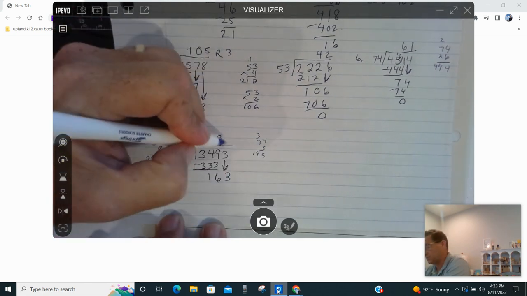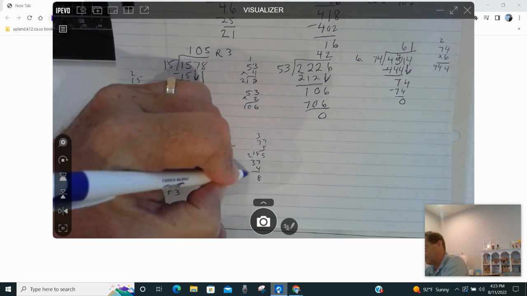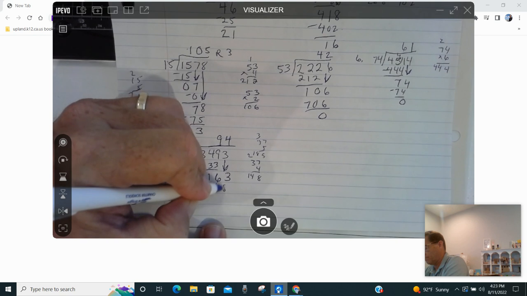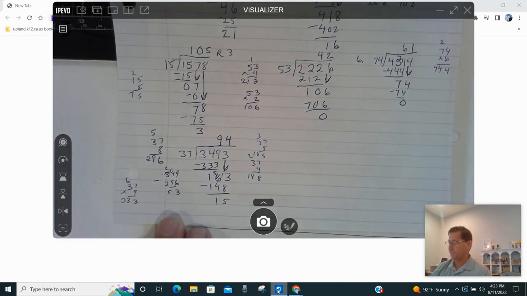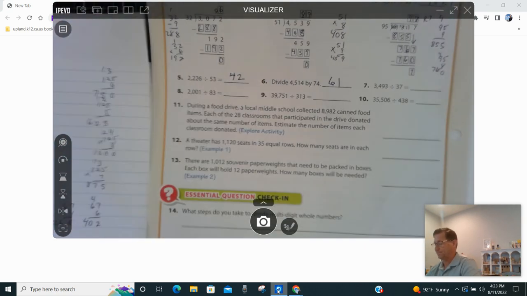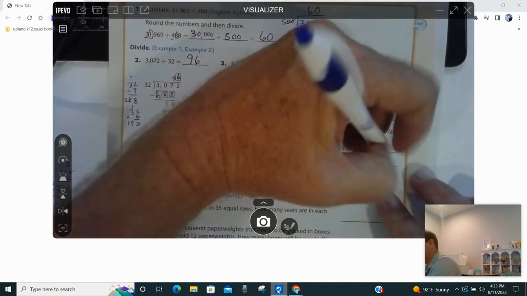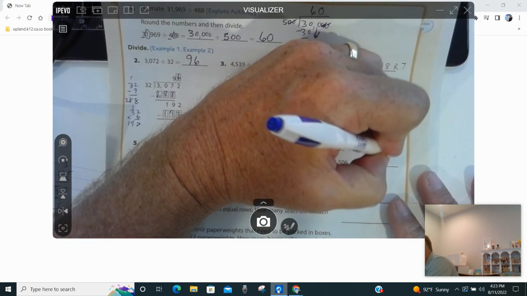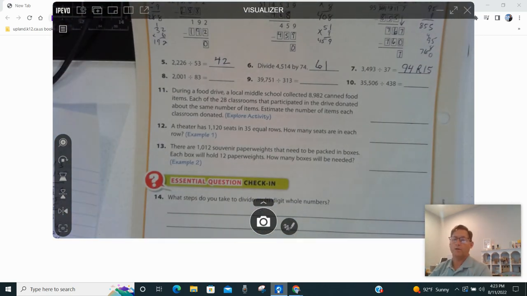So that's going to be too big. So let's try 4. So 94, remainder 15. Or we could say 94 and 15 37ths.